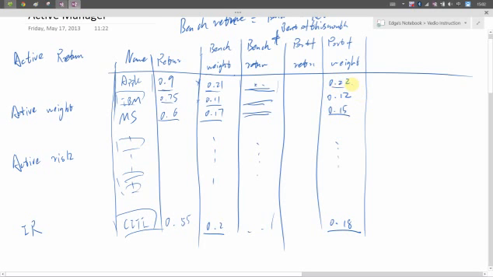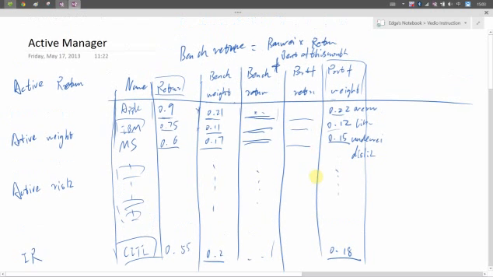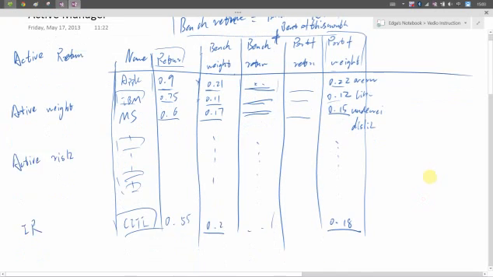We overweight the stocks we like and underweight the stocks we don't like to form our portfolio. Then we use our portfolio weight times the return of the stock this month, and we get our portfolio return. Very similar concept to this one, right?